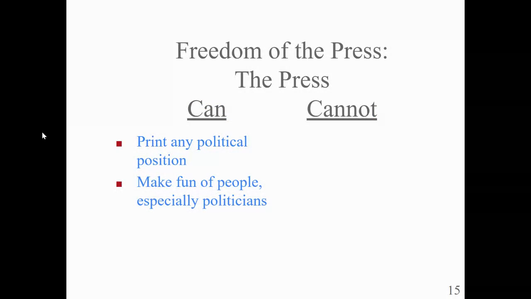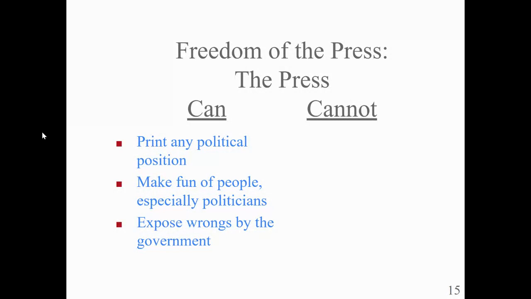So the press, newspapers, articles, online newspapers, journals, the news, they can print any political position. If one magazine wants to be very conservative or very liberal, they are perfectly allowed to have their opinion and post it or print it. They're allowed to make fun of people. They're allowed to expose wrongs by the government and speak out against the government.